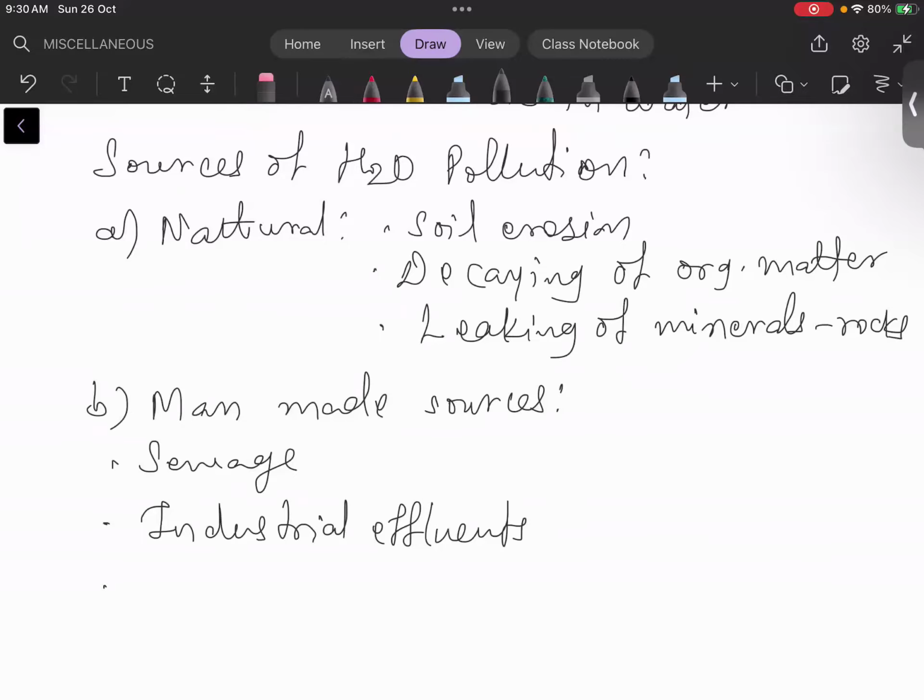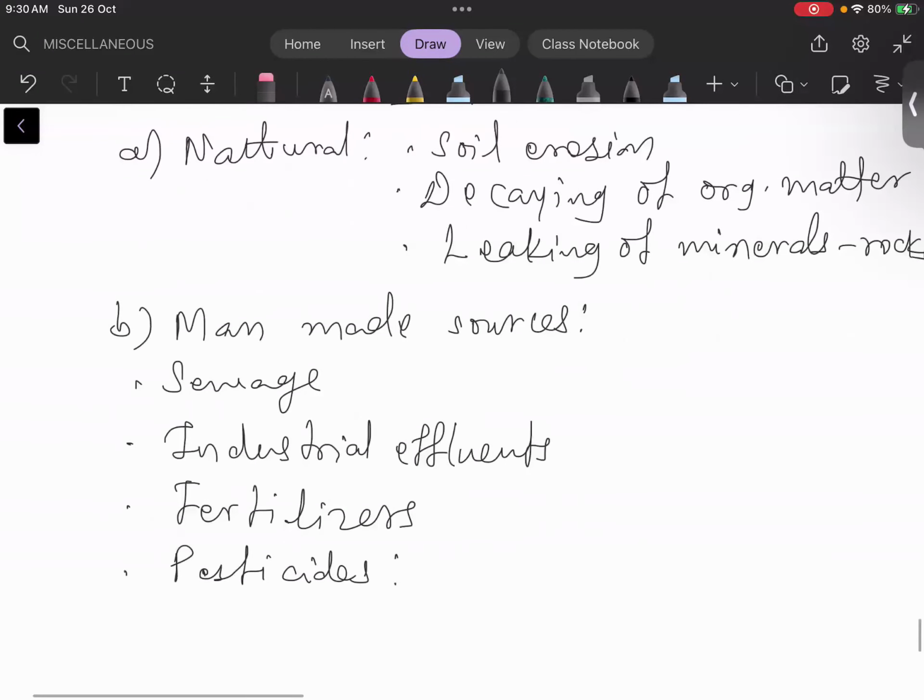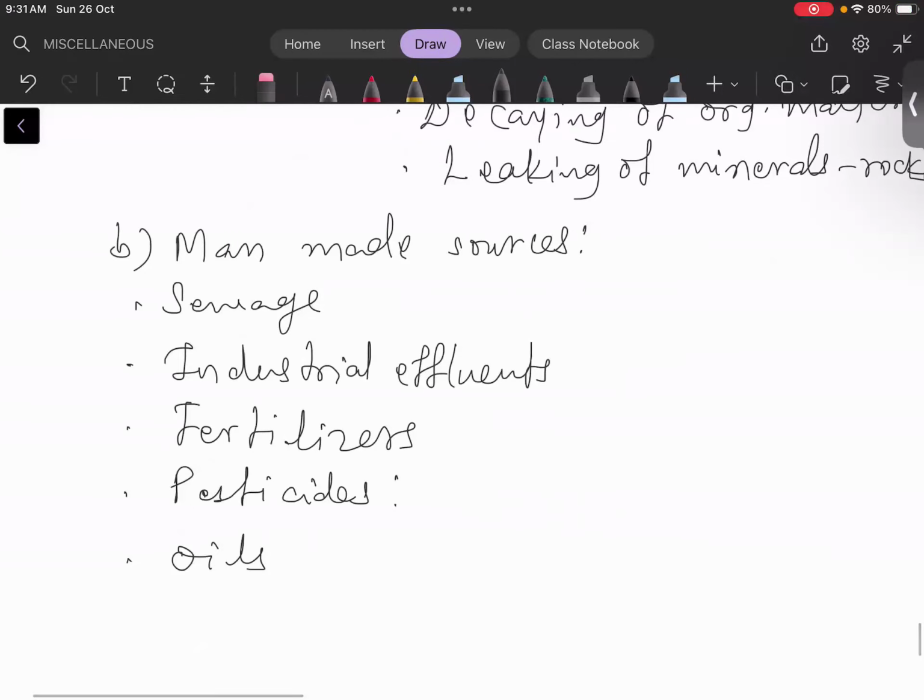Then excess use of fertilizers on the crops. Due to rainfall, they get carried along with rainwater. Then pesticides. Of course, fertilizers are chemical substances. The next, oils, etc.